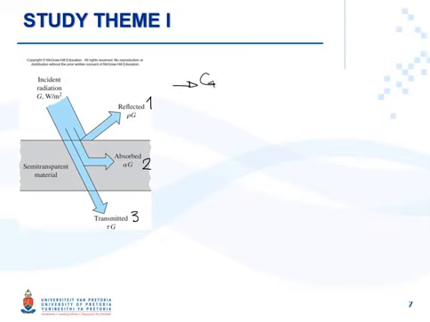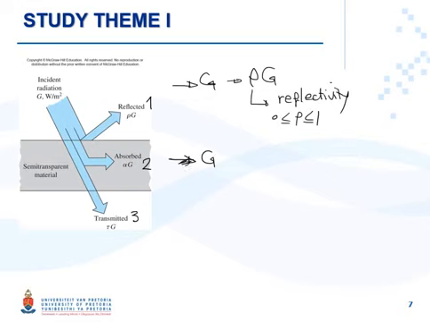So irradiation strikes a surface. How much of that will be reflected? A portion of it we call rho G. What is rho here? It is reflectivity, a dimensionless number between 0 and 1. If irradiation strikes a surface, how much of that irradiation will be absorbed? Alpha G, a portion of it. What we call alpha is absorptivity.